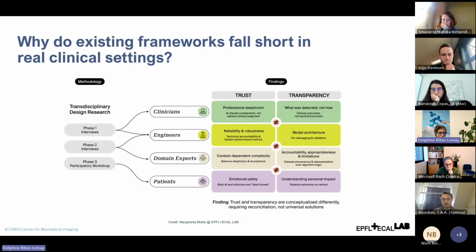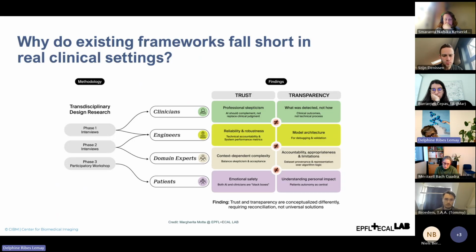And why it's important not to forget the last point is that if you do that, then you end up having a system which can't be used in clinical workflow.